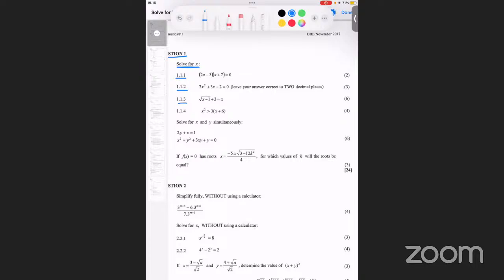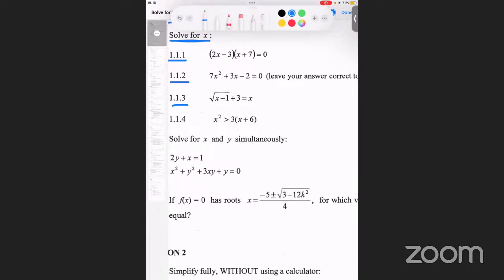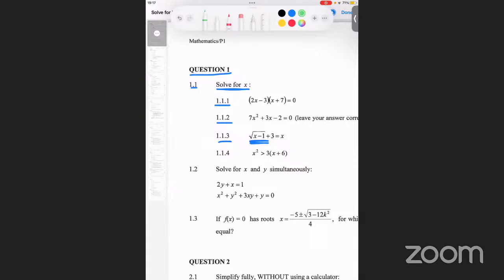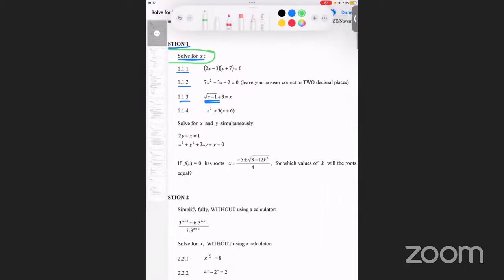1.1.3. Can you see this is another type of math problem which has a square root? What are we expected to do at all times? As long as we are under 1.1, it means what we are doing is solving for x, meaning at the end of the day, we must have x equals something or x equals something.